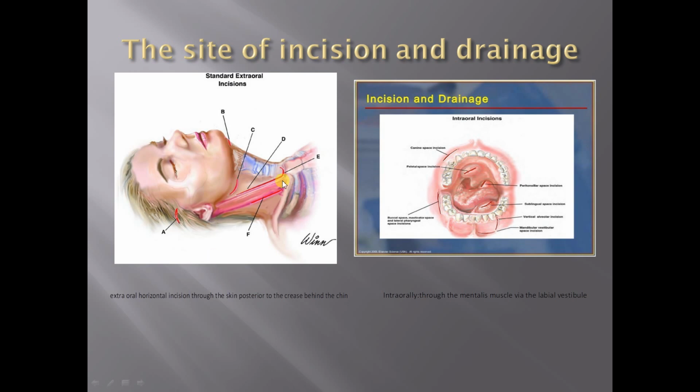The site of incision extraorally is exactly in this area as we see in this picture, through the skin posterior to the crease behind the chin, and intraorally through the mentalis muscle via labial vestibule.